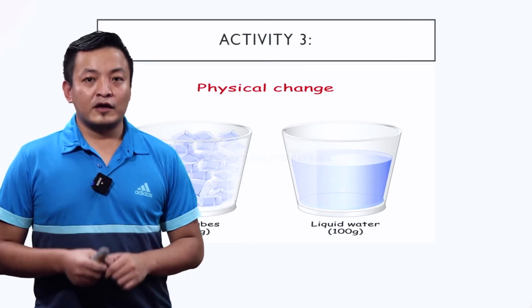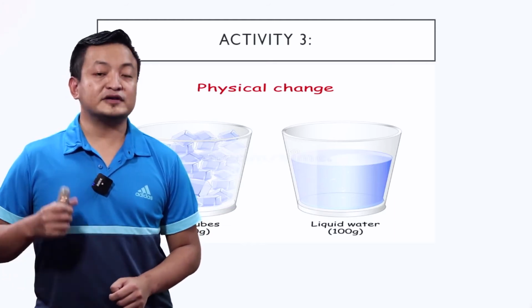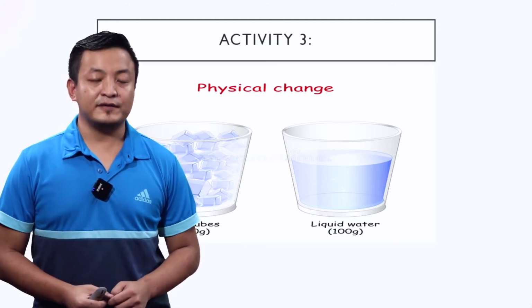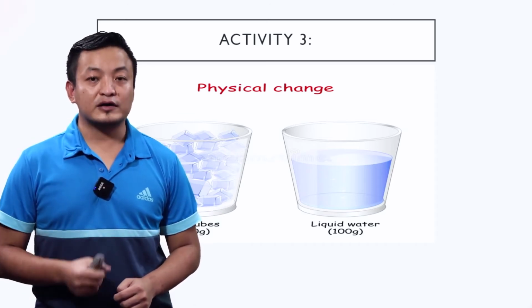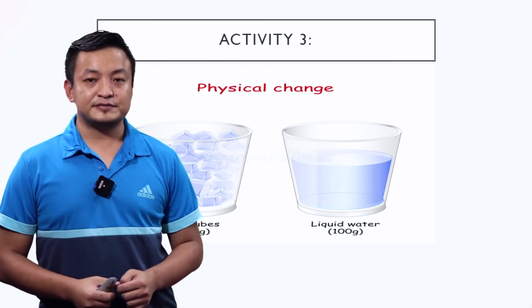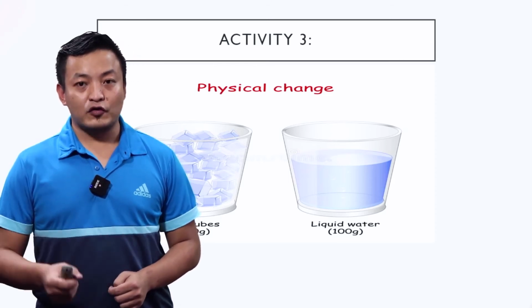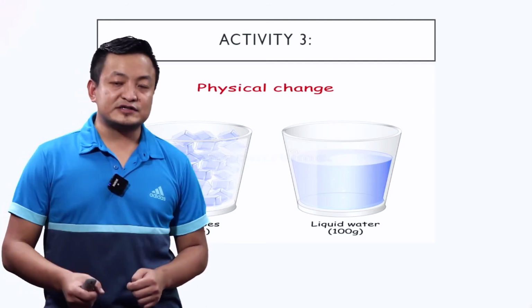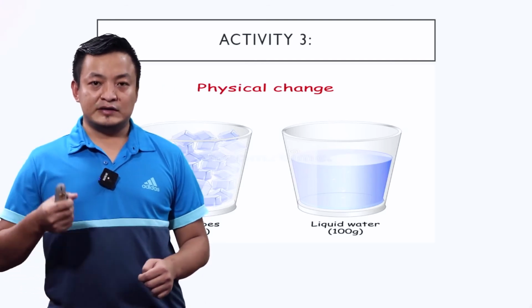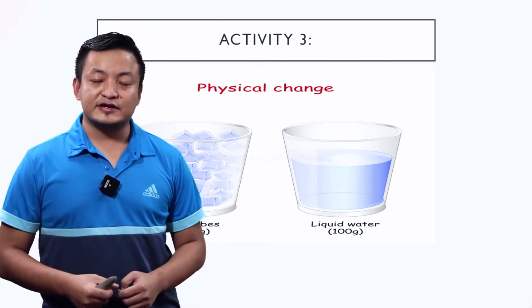Right? So students, now, after all these three activities, I'm sure you are clear with physical change. Okay? So before we move to chemical change, let's recall what we have discussed about physical change.